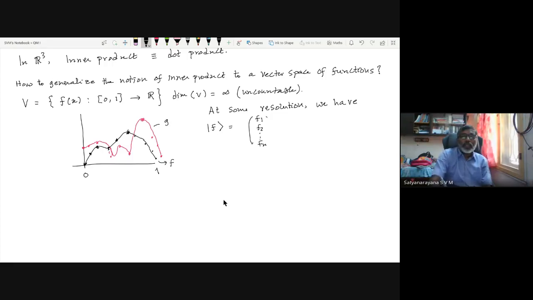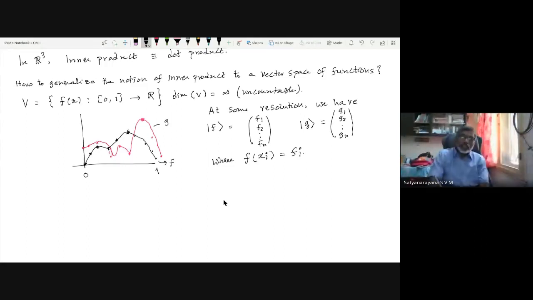There are only n values. And I will define g as another function, which is g1, g2, etc., up to gn, where we can say that f of x1 is equal to f1, or f of xi is equal to fi. That is how I have the notation.